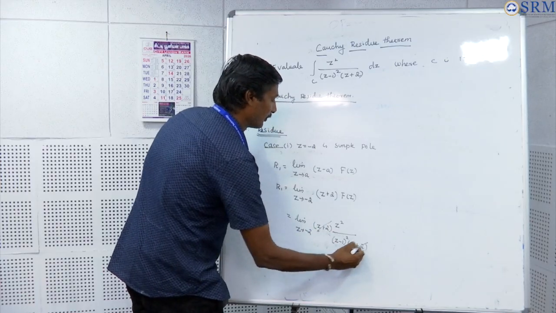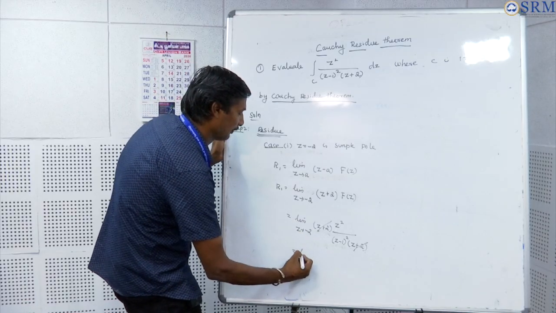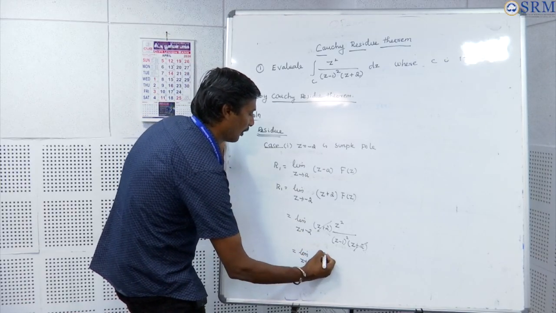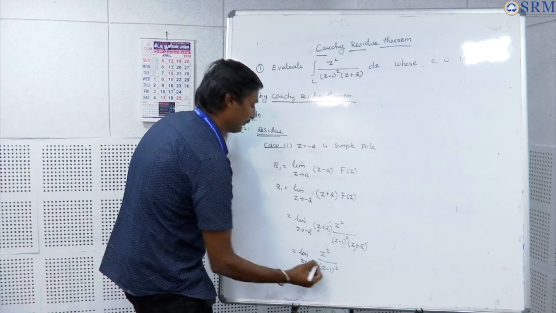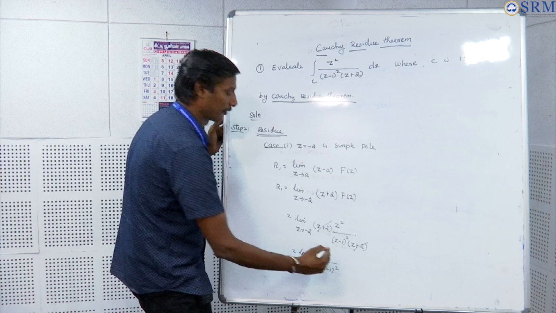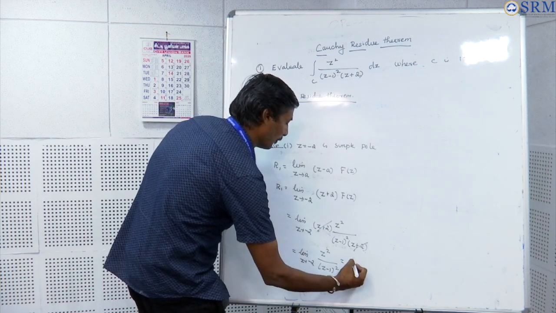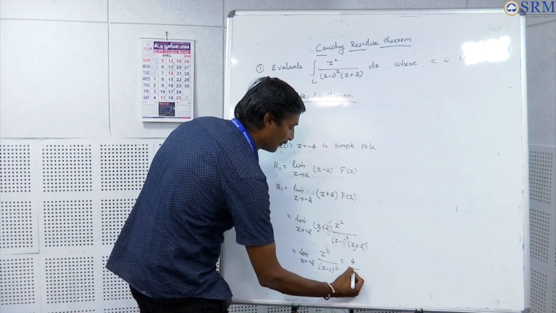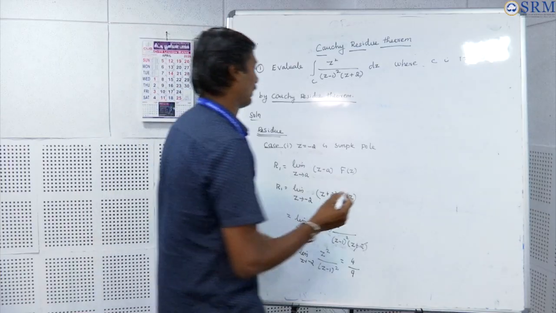This term is cancelled, so I am getting limit z tends to minus 2 of z square upon (z minus 1) whole square. Now z is replaced by minus 2. We get (minus 2) whole square, which is 4, upon (minus 2 minus 1), that is minus 3, whole square, which is 9. We get 4 by 9.